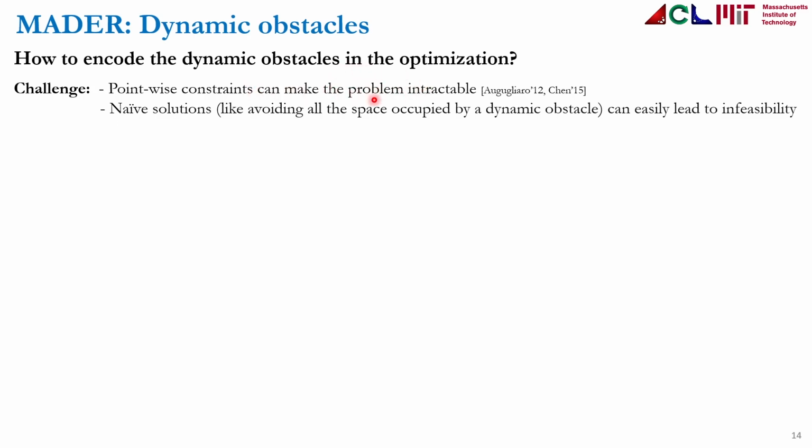Of course, this can very easily make the problem intractable due to the high number of collision avoidance constraints. Another option would be to rely on naive solutions, like, for example, you take all the space that an obstacle is going to use in a given planning horizon and you classify it as occupied. But of course, this can very easily lead to infeasibility.